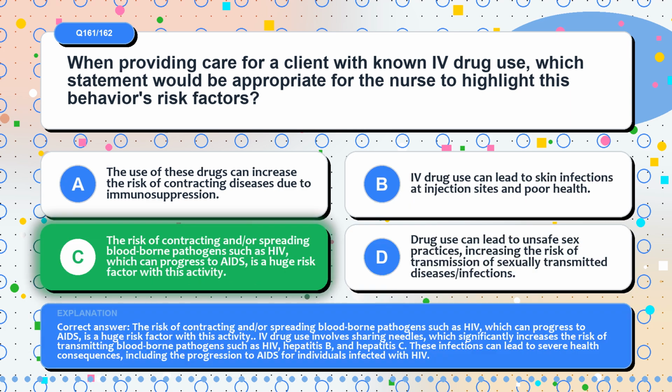IV drug use involves sharing needles, which significantly increases the risk of transmitting blood-borne pathogens such as HIV, hepatitis B, and hepatitis C. These infections can lead to severe health consequences, including the progression to AIDS for individuals infected with HIV.